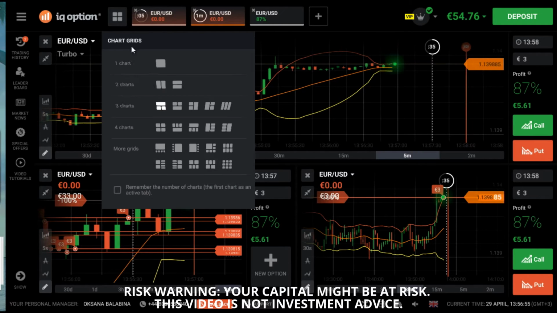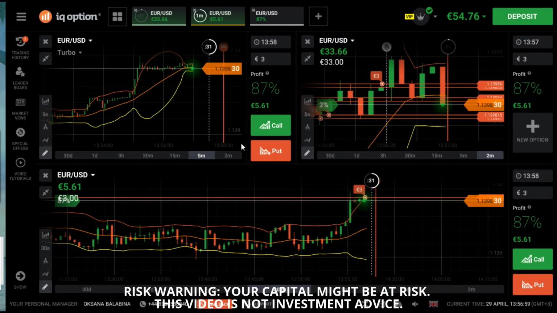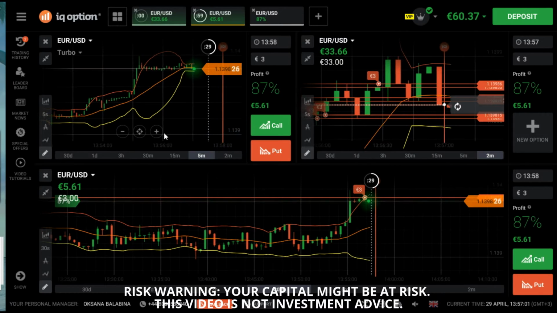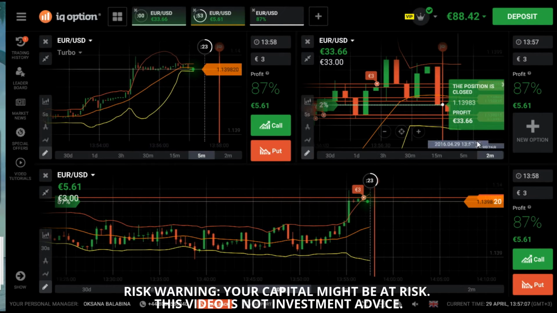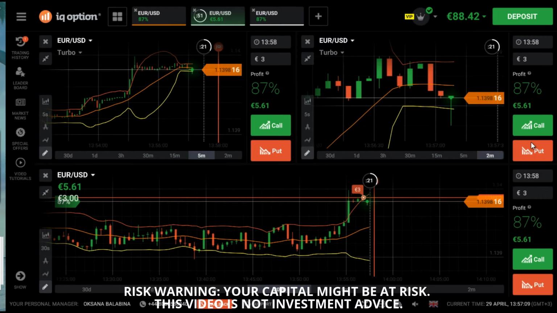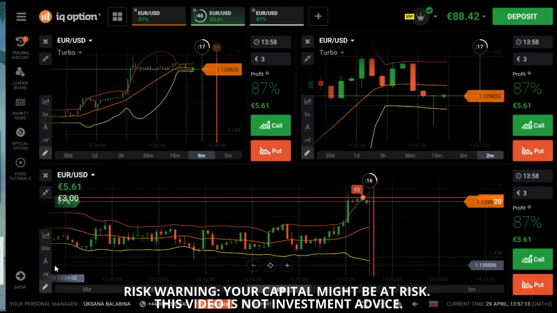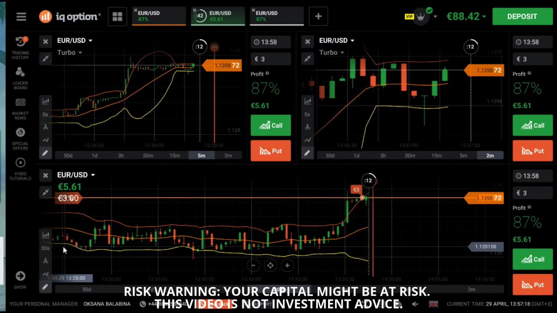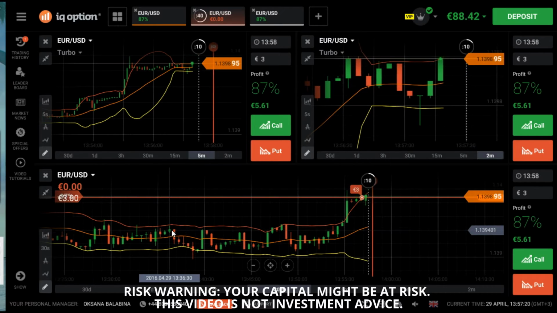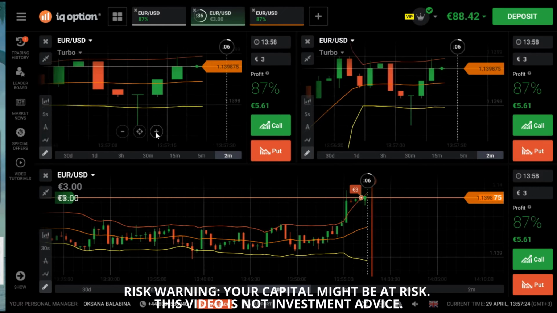Now window layout kind of reversed, so here it is. So on the right side secondary window, I didn't win a lot, but I didn't lose, so it's okay. And now I placed something on 30 seconds window as well.